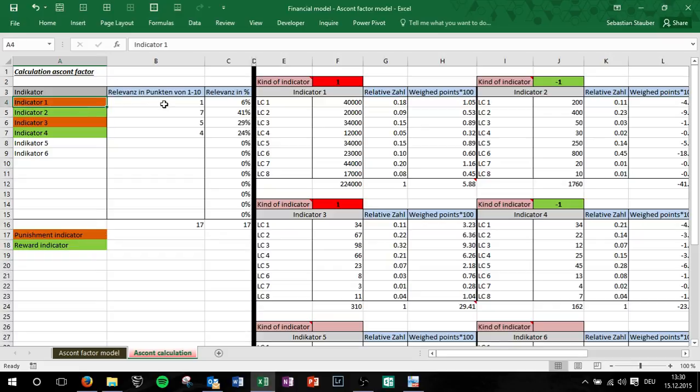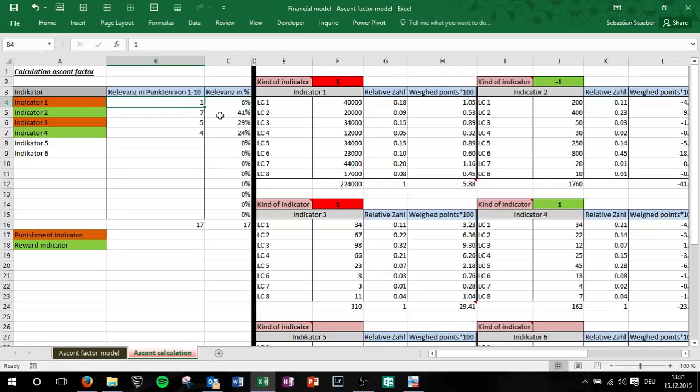For example, here indicator 1 is a punishment indicator, but the relevance of this punishment indicator is just 6%. And here for indicator 2, the national plan says we want to have 41% relevance of this indicator, because it is very important, or they want to reward it quite high. You can weigh the relevance in points from 1 to 10, and then the relevance is calculated.